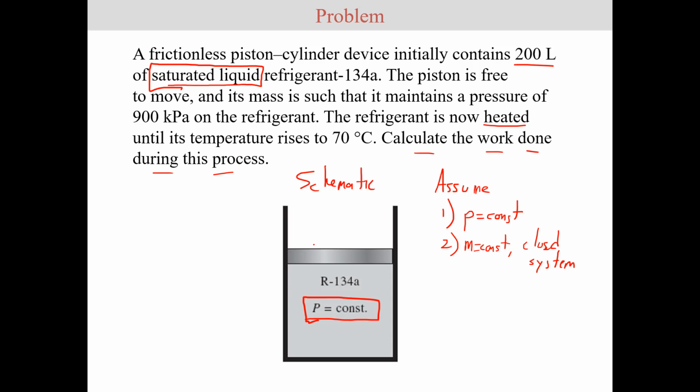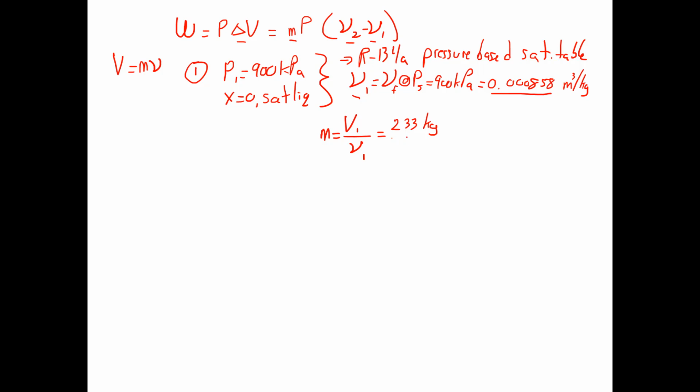As it's being heated, obviously the amount of saturated liquid is going to decrease. It's going to go from a saturated liquid state probably to a saturated liquid-vapor mixture state. So the amount of liquid is going to be different, but the total mass of the whole system, gas and refrigerant, will not change because it's a closed system.